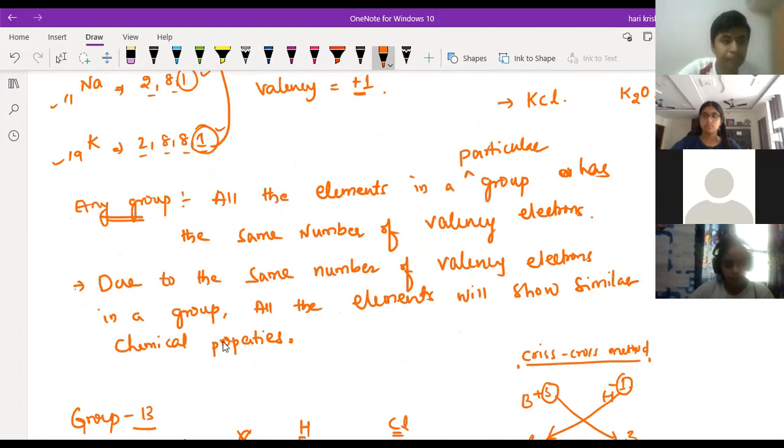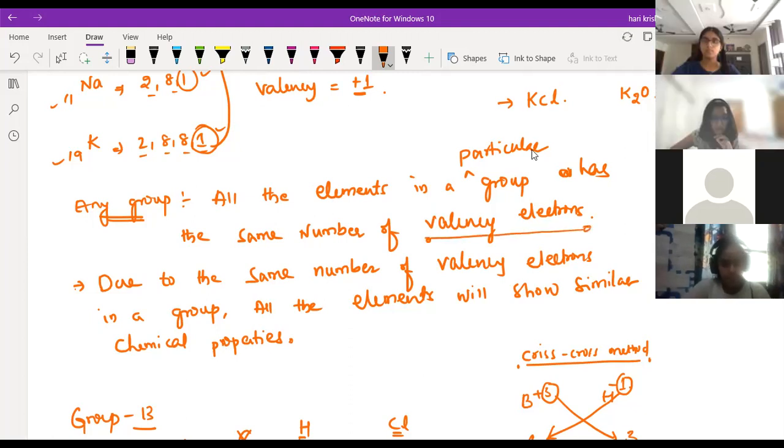All the elements in a particular group have the same number of valence electrons, so they show similar chemical properties. Physical properties can vary among the elements in a group, but chemical properties are the same. I hope you know the difference between physical and chemical properties.